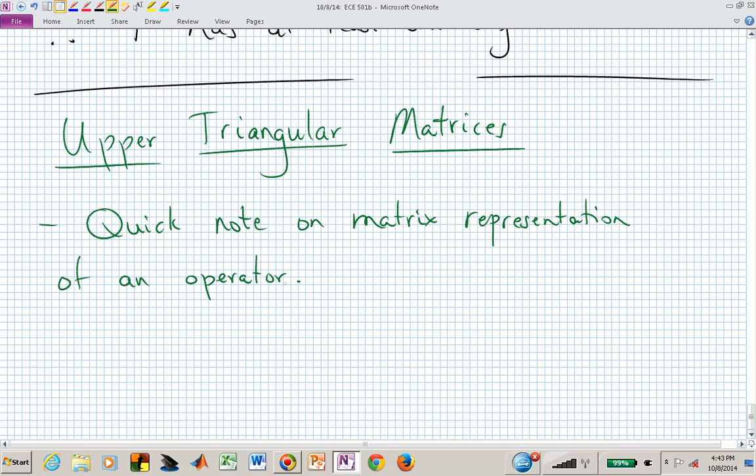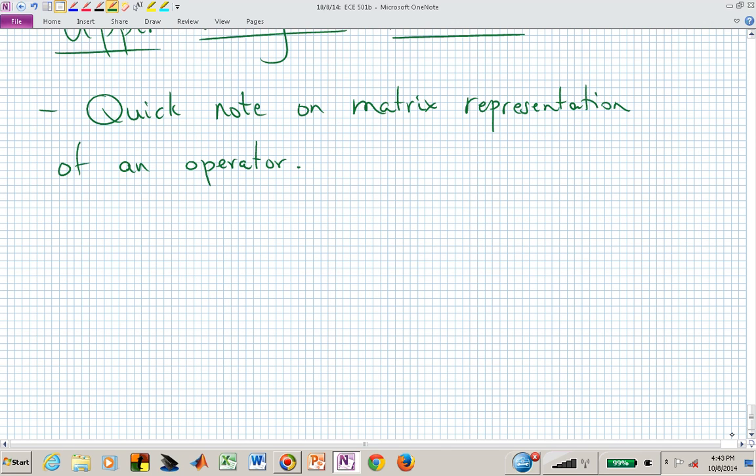Before we get too into this, what can we say about the matrix representation of an operator? What do we know about its dimensions, or in terms of its shape? It's square, isn't it? So we know that the matrix representation of these operators is square.